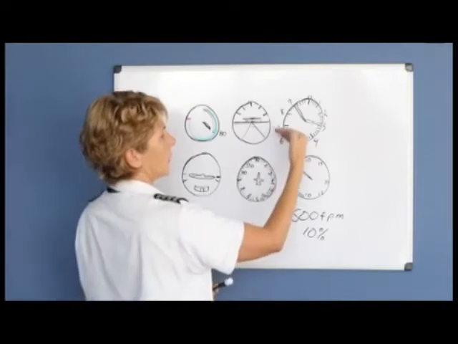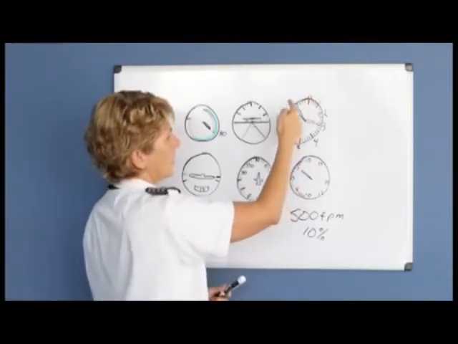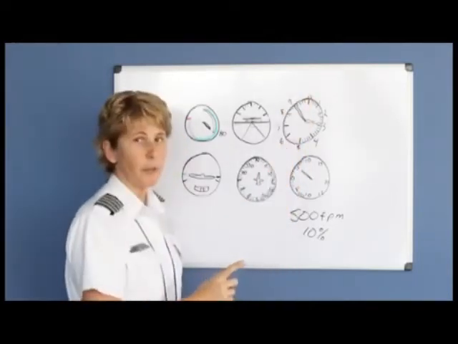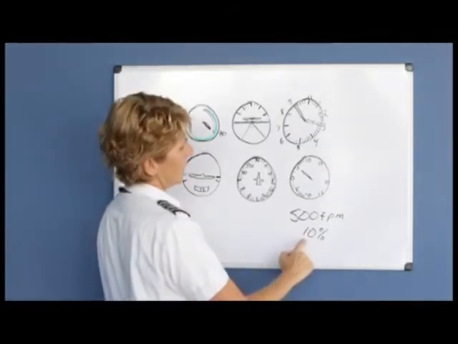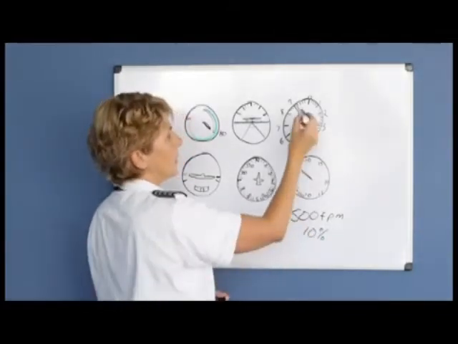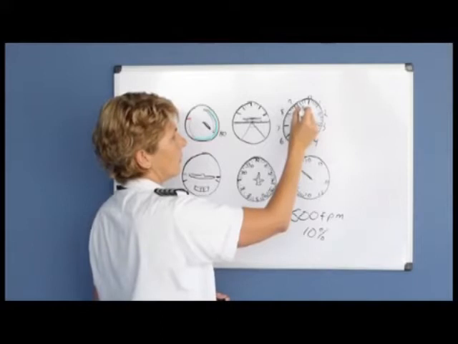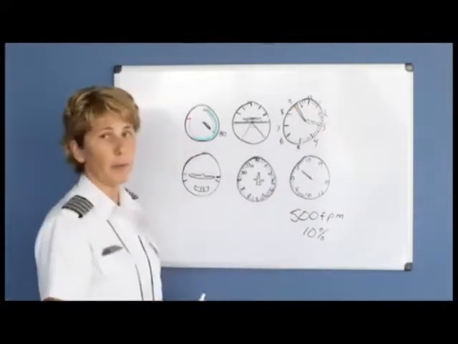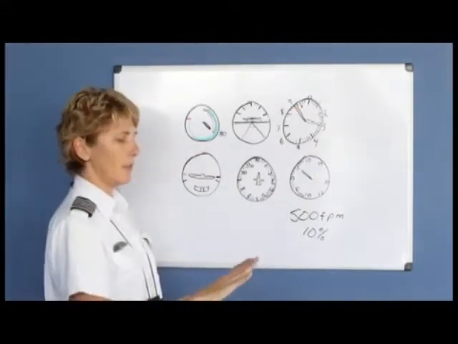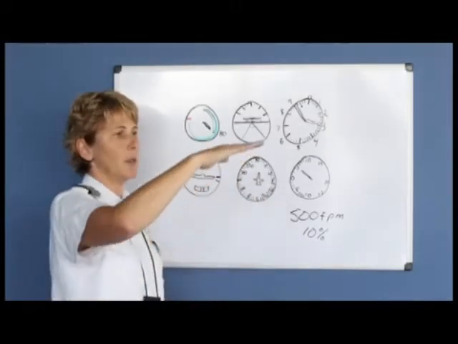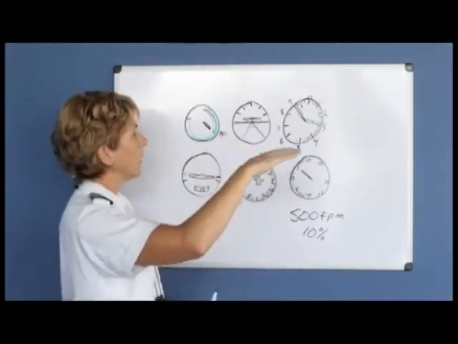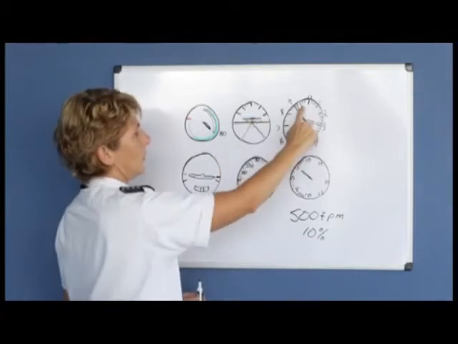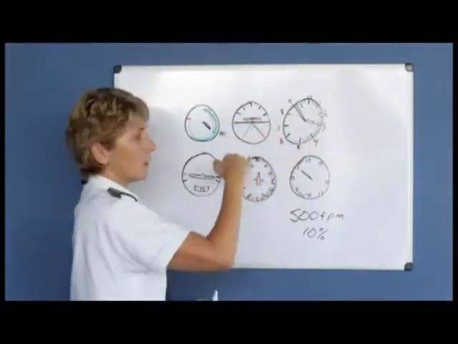So while we're watching our altimeter climb, each numbered increment would be 100 feet. So 10% of 500 would be 50, so we would begin to level off when the needle arrives at about that point right there. And what that does, it allows for that upward momentum to continue while we transition into that level phase. So that's where we would begin 50 feet early to begin to lower our pitch to level pitch attitude.